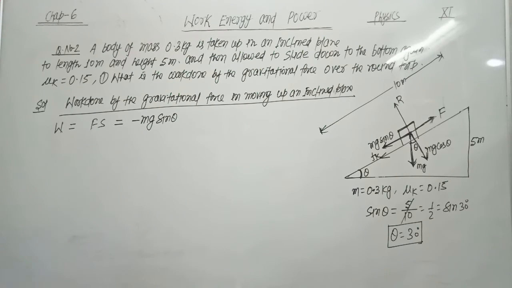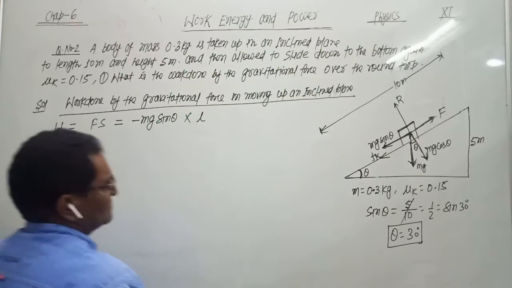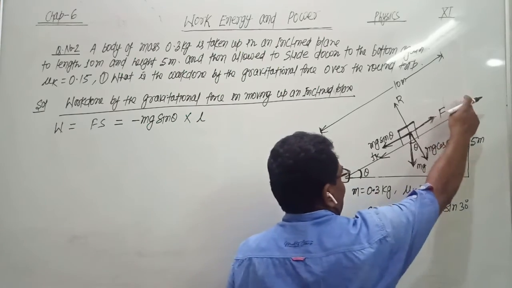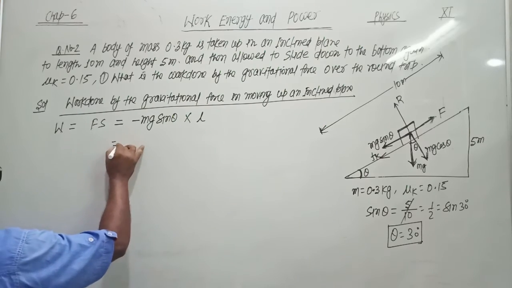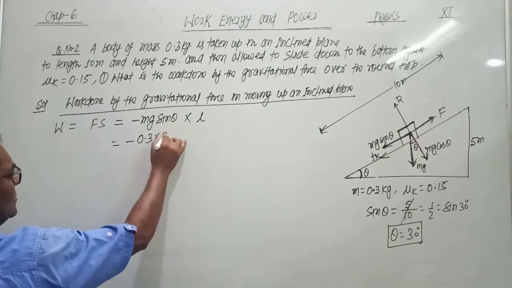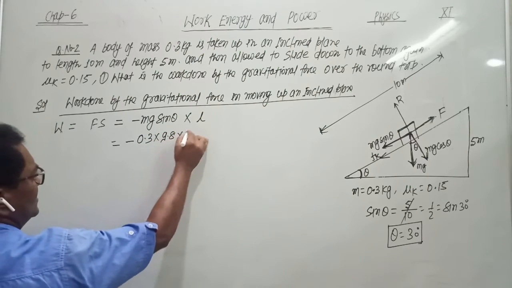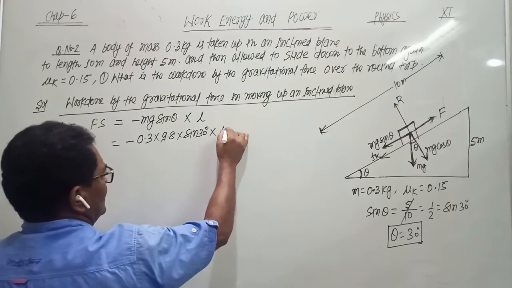So F equals minus mg sin theta, and the displacement is L. This is the length L. Then put the value of m as 0.3, the value of g as 9.8, sin 30 degree, and the length 10.